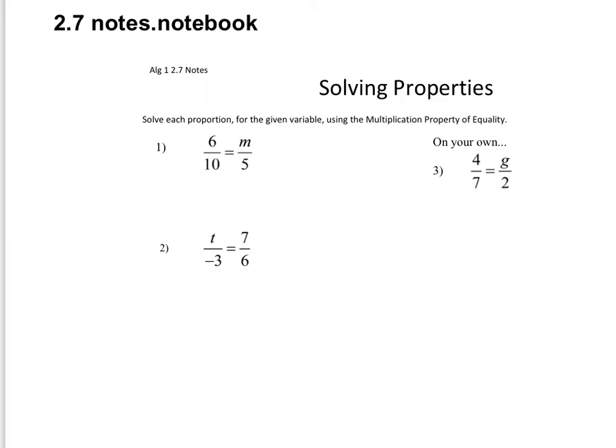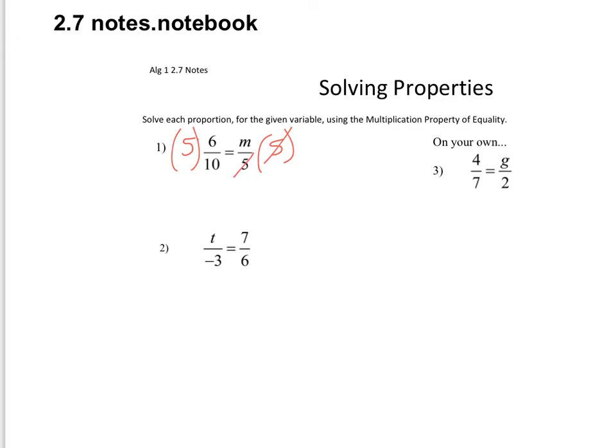What we're going to do here is solve each proportion for a given variable using the multiplication property of equality. That's the one where you multiply both sides by the same thing. We're going to choose to multiply each side by 5 in this case, so that these 5s right here cancel out.